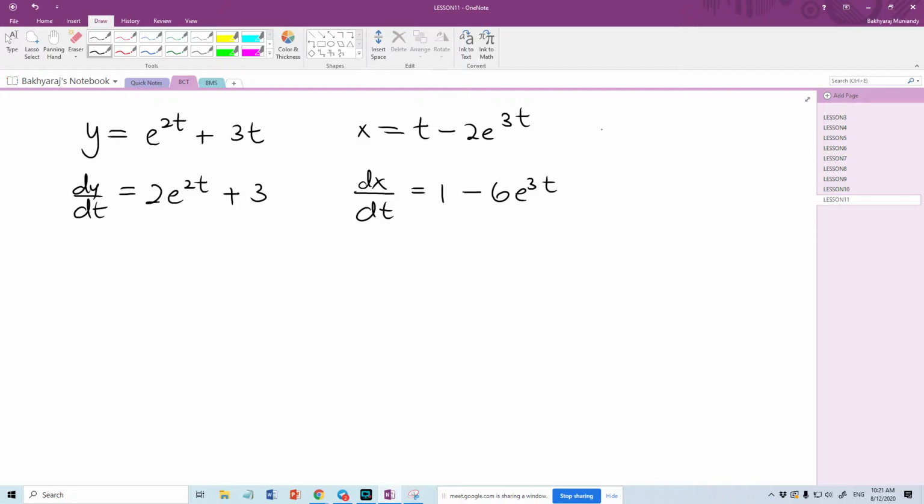But remember, we need to get dt over dx. So you just take the reciprocal of this fraction, which gives 1 over 1 minus 6 exponent 3t.